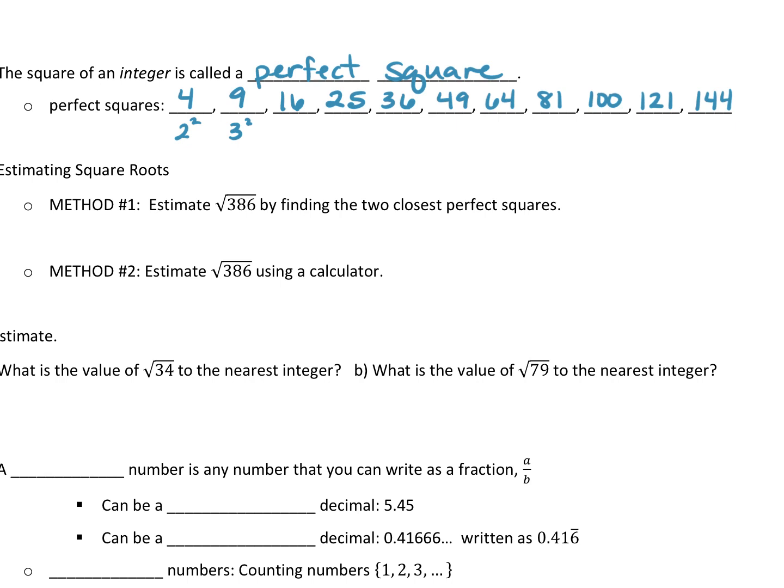Now there are 2 ways to do that. The first way is you estimate it without your calculator by just finding the 2 perfect squares that are closest to it. Now, square root of 386 is big, so maybe you need to use your calculator. But when they're smaller numbers, I'll show you another smaller one.